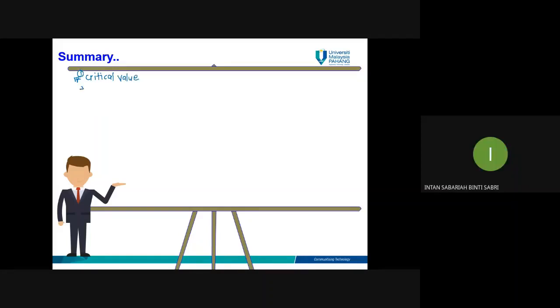The third thing is to find the nature of the function, either maximum or minimum. The fourth one is the inflection point. That is all you need to know. Not much, right? Okay, good.